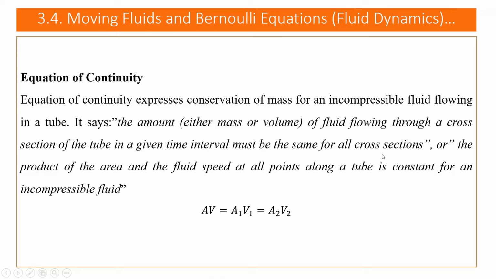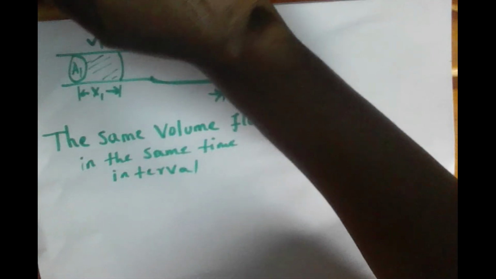So whether the tube is narrow or wide, the volume of fluid which passes in a given time interval is the same for narrow and wide. Or the product of area and the fluid speed at all points along the tube is constant for incompressible fluid. I can show you this using.